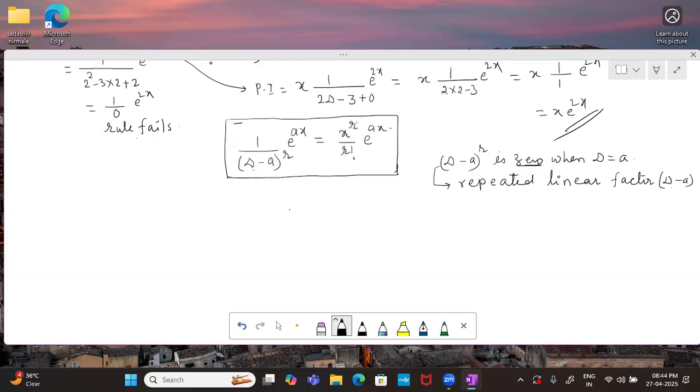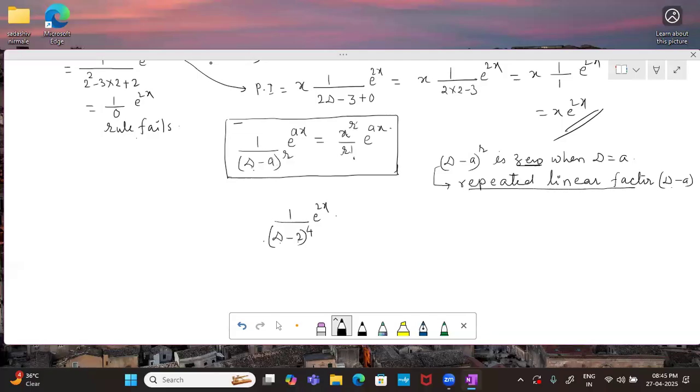For example, suppose you are asked to find this one, D minus 2 raised to 4, e raised to 2x. Then is D minus 2 is 0 when D is equal to 2? It is 0. 2 minus 2 is 0. So the rule fails. And remember that this factor, which is 0 for D is equal to 2, is known as repeated linear.